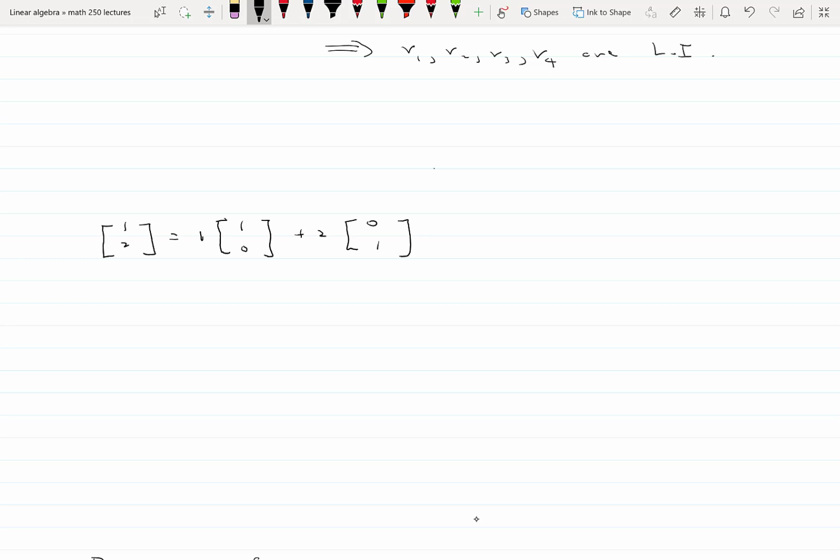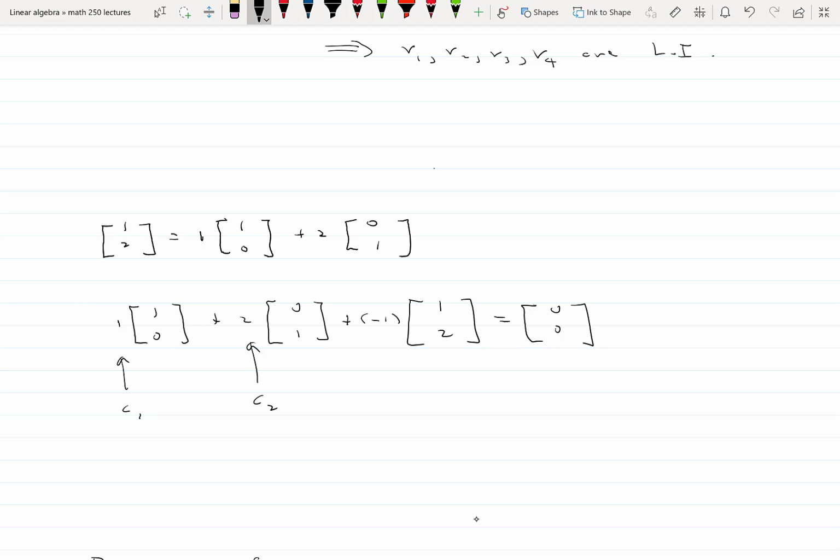The definition says those three vectors were linearly dependent since I could find three constants, 1, 2, and -1, such that 1 times the first vector plus 2 times the second vector plus -1 times the third vector equals zero. I could find three constants, C1, C2, and C3, not all zero, such that the equation held true.